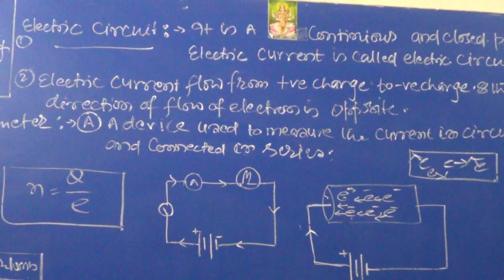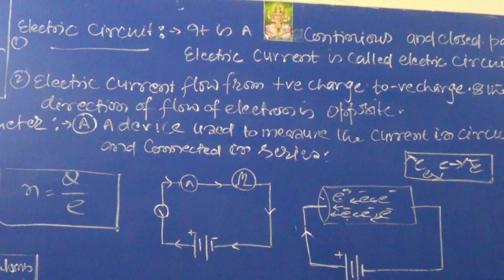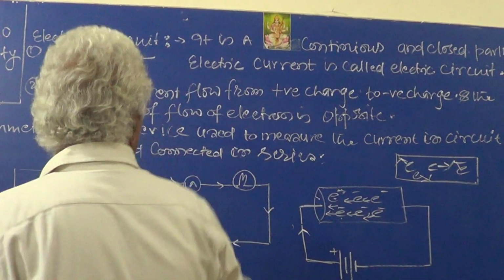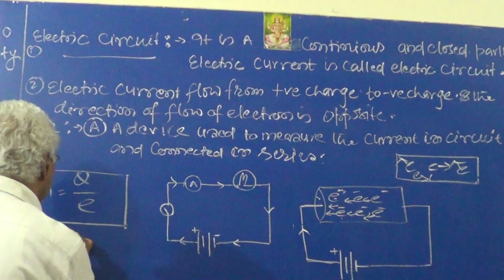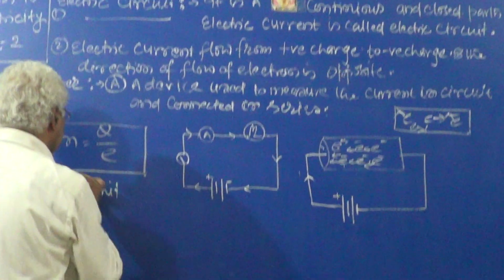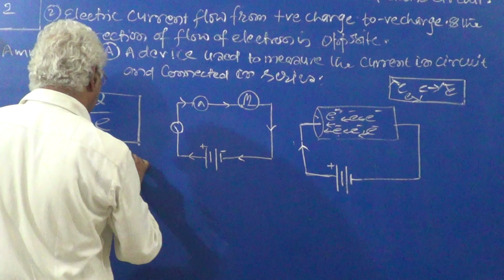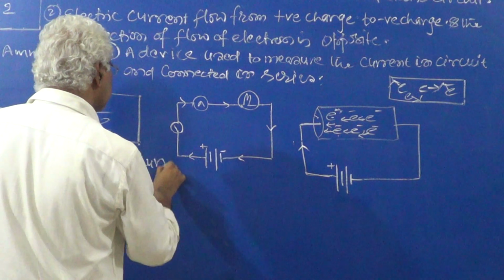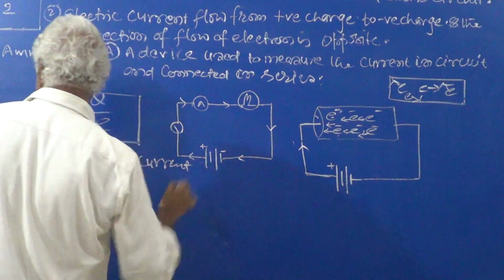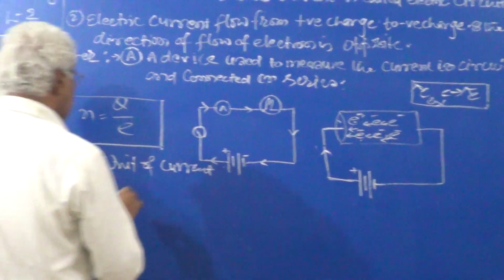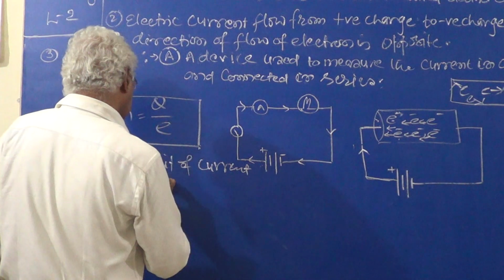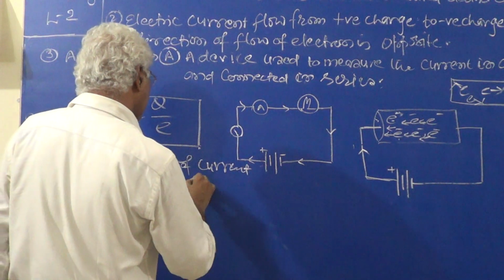What is the unit of current? Unit of current is 1 ampere. Second question, the unit of current. What can you say the unit of current is?